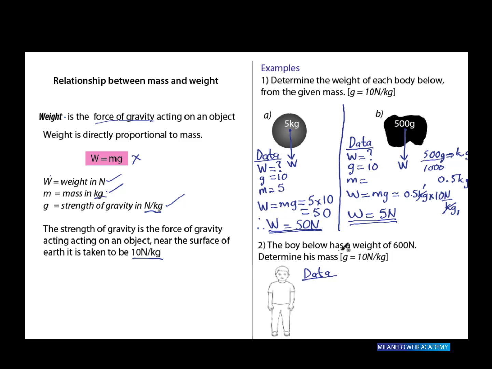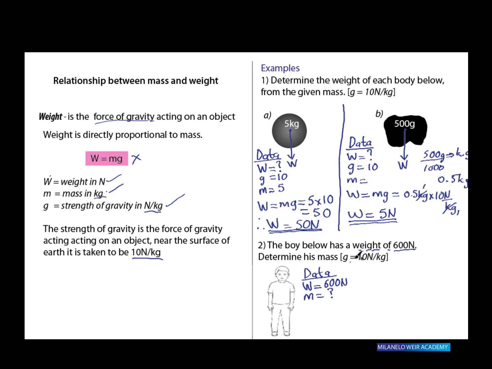The boy below has a weight of 600 Newton. Here is a numerical value. And that numerical value is the what? The weight. So I'm going to write it. W for weight is 600 Newton. Let's include units this time again. 600 newtons. Determine his mass, M, because we are to find the mass. So it's a question mark because we don't have mass. We are to calculate it.